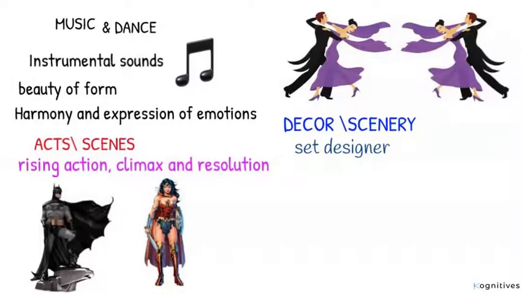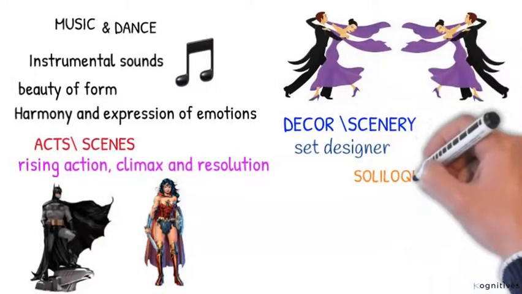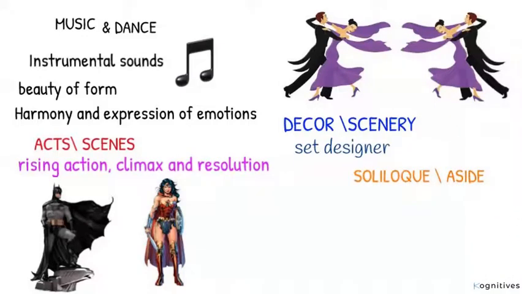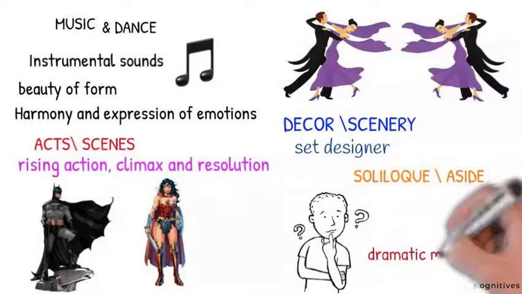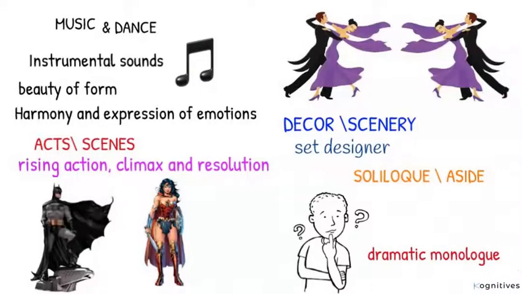The next one is soliloquy and aside. When a character thinks aloud or says what he is thinking of loudly to himself, you call it soliloquy. While aside is an aspect of dramatic monologue in which a character talks to himself alone on a stage with only the audience observing.